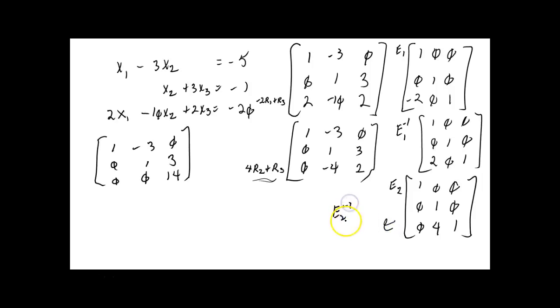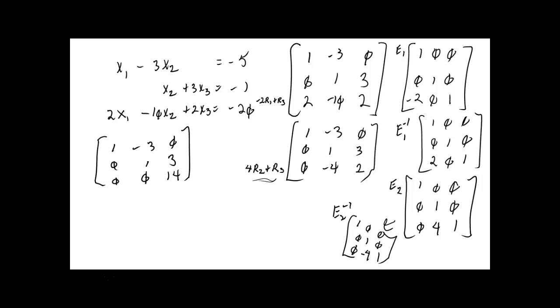E2 inverse. I'm sorry, didn't allow enough room. Top row you don't change at all. Second row you don't change at all because you didn't. That doesn't change. What would be your third row? 0 what? 0, -4, 1. That's exactly right, and you can go back and multiply those so you get that.